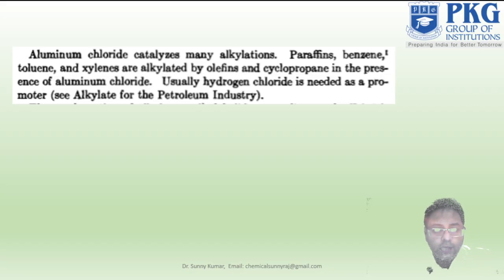So aluminum chloride catalyzes many alkylations. Paraffins, benzene, toluene and xylene are alkylated by olefins and cyclopropane in the presence of aluminum chloride. Usually hydrogen chloride is needed as a promoter, as in alkylates for the petroleum industry.